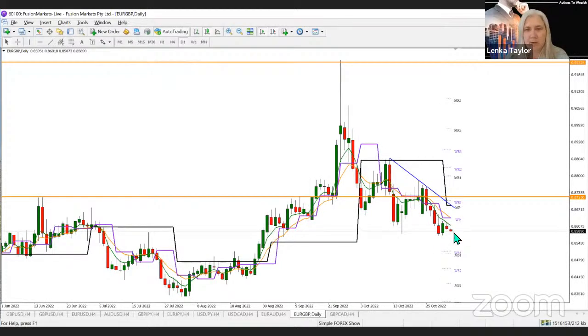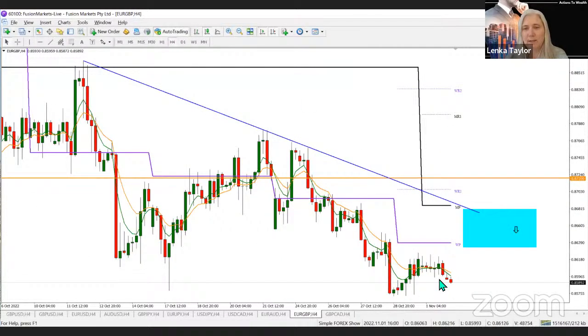On the daily, if price stays within this range going sideways, I'm looking to trade that from the top of that range to the bottom. If it then breaks below, then we already have some profit banked at the bottom of that range. On the 4-hourly, what I'm looking for is that pullback.